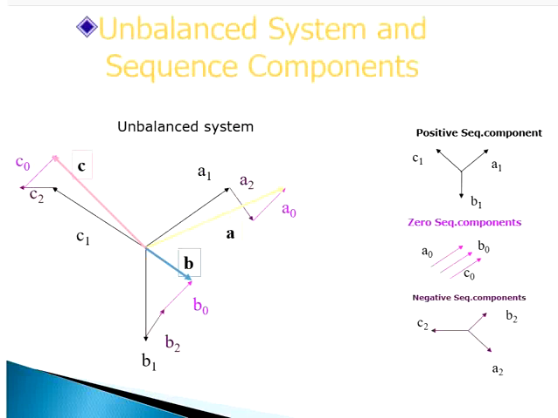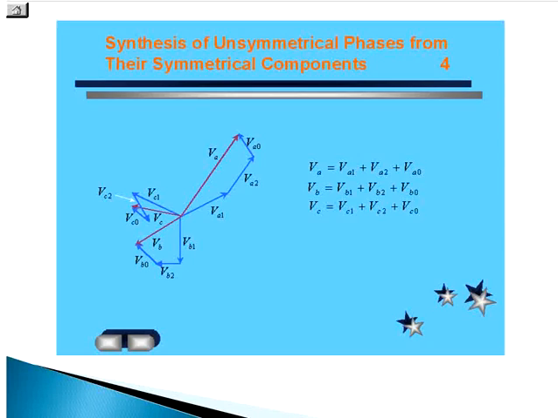Now let's come to this. Yes. Now, yesterday I explained here. As I told, the unbalanced voltage is equal to the sum of three symmetrical components. Now what is VA? It is the phasor sum of VA1, VA2, VA0. So the same had been given, VA1, VA2, VA0. Similarly, what is the phasor sum of VB?